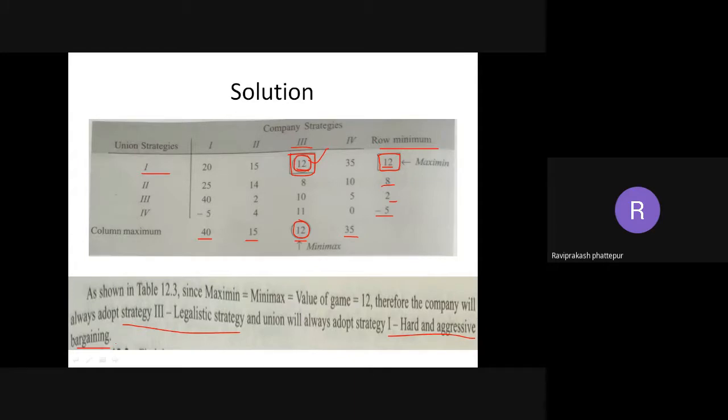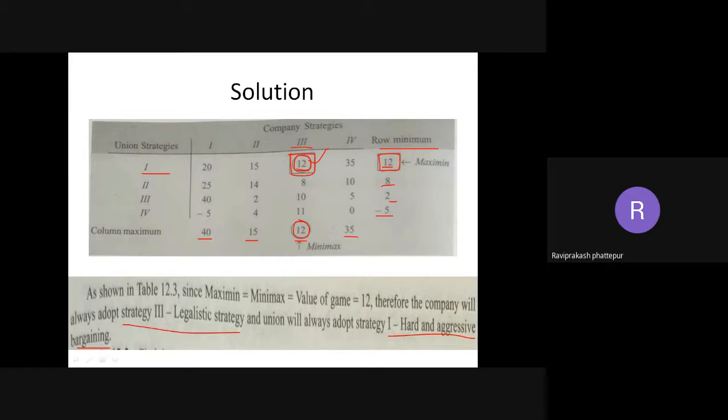The company does not want to give away as much as possible, they don't want to lose more, and the union wants to gain as much as possible. That is what this problem tells you. The company wants to be in the legally correct position, the union wants to gain as much as possible out of the negotiation, and the value of this game is 12, which is also called the saddle point.